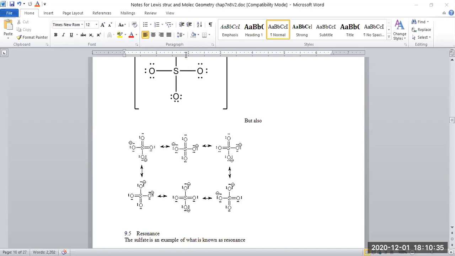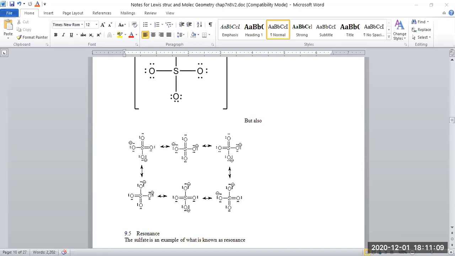As we go from the top row to the bottom right-hand corner, we've got double bonds on the east and south, and then east and west, and then eventually on south and west. So in reality, this is like a spinning whirligig, spinning clock. Those 2 double bonds are in constant rotation.